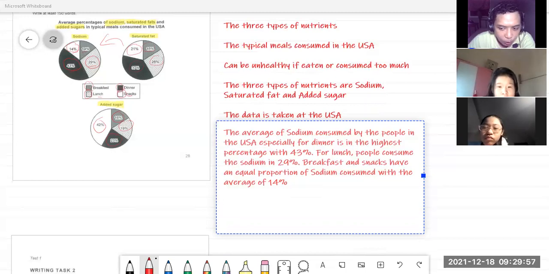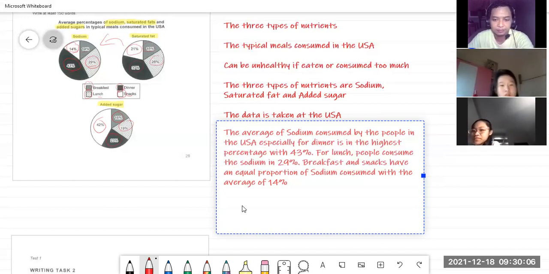I will call Ngak. Show me the highest for dinner, the highest percentage, 37%. First you have to say the average of saturated fat.